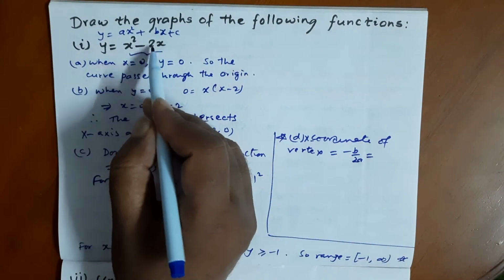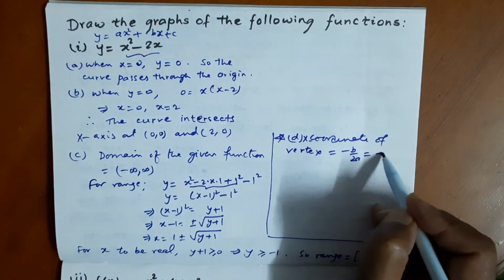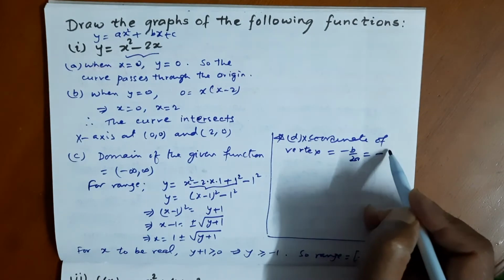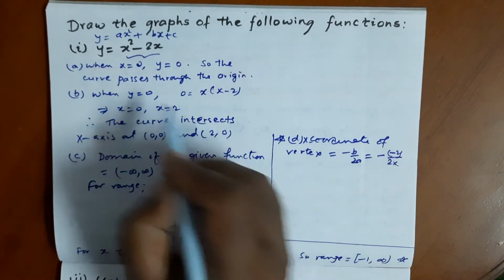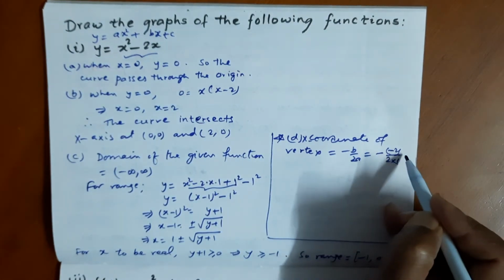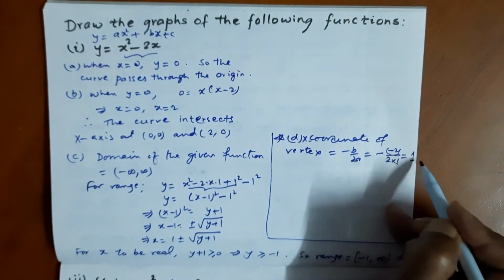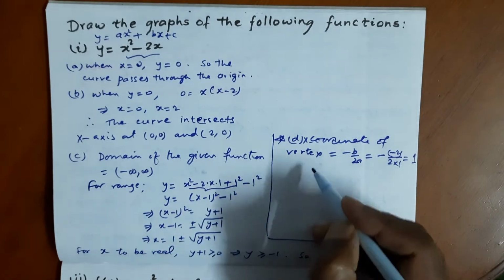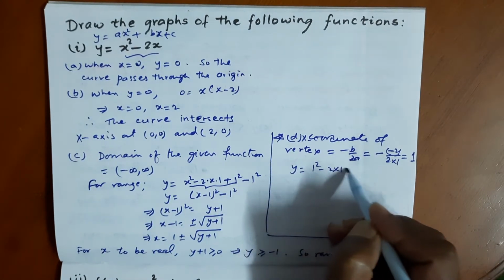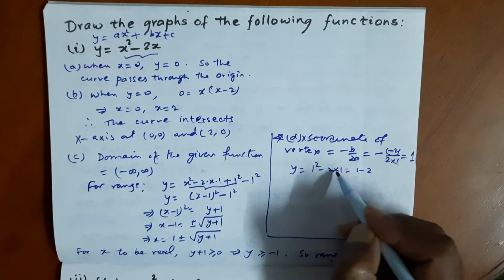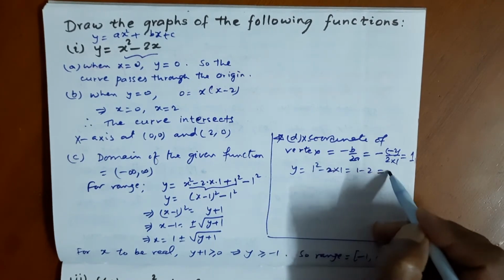If you compare with this, in place of b we have minus 2, and 2 times a is 2 times 1, so the x coordinate of the vertex is 1, and y will be 1 square minus 2 times 1, that is 1 minus 2 equals minus 1.